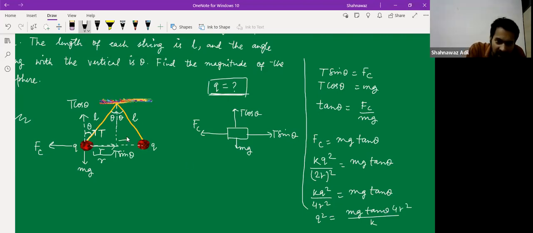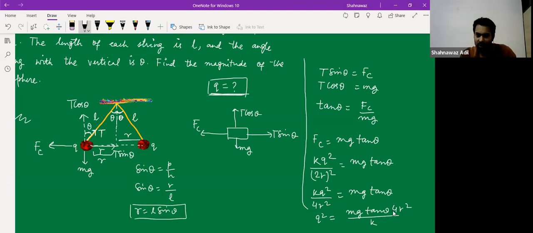So this is r, this is theta, and this is L. This is P, this is H. Which trigonometric ratio relates P with H? Sine theta. Correct, Travis. So sine theta is r by L, so r is L sine theta.